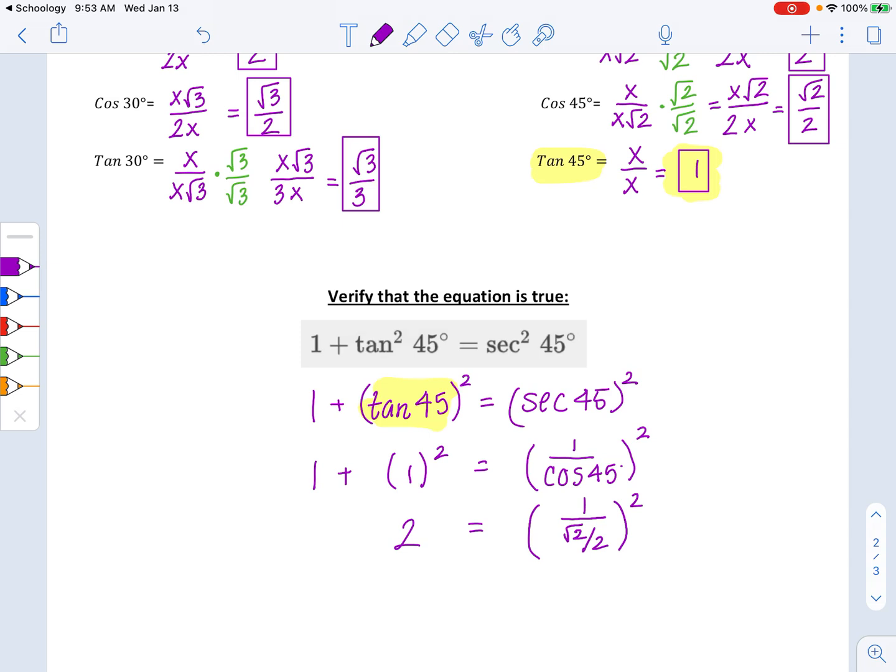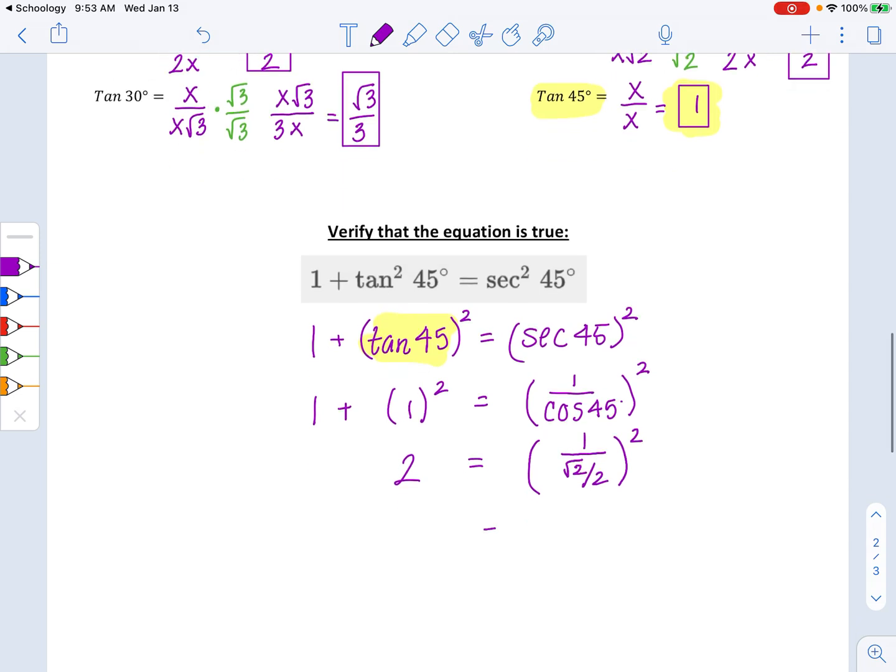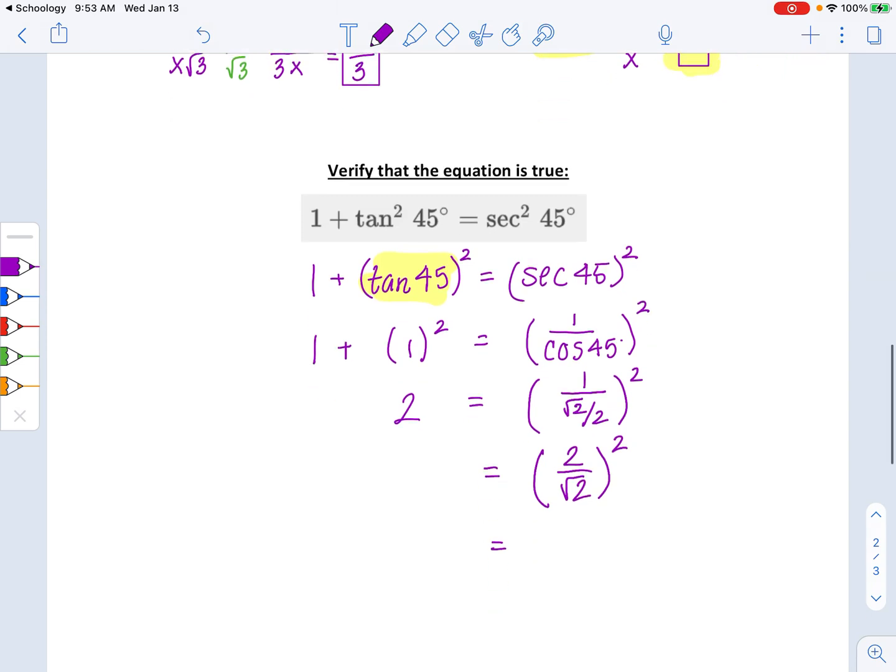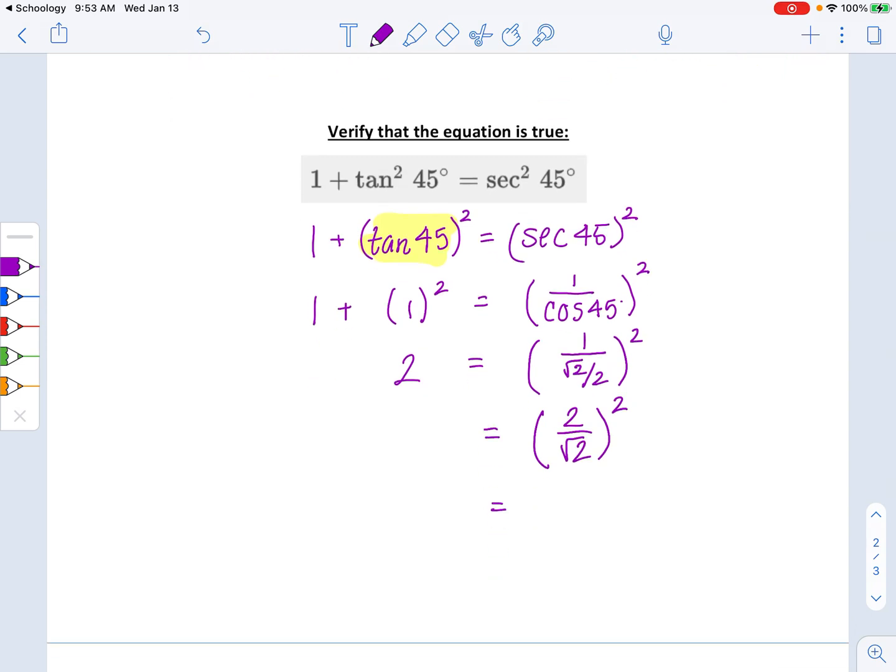And you should, in your head, say, I can't leave a fraction in a fraction. So this really would be 2 over root 2, squared. You know your exponent rules that both the numerator and denominator are raised to that second power. So it becomes 4 over 2, because root 2 squared is just 2. And look at that. 2 equals 2.